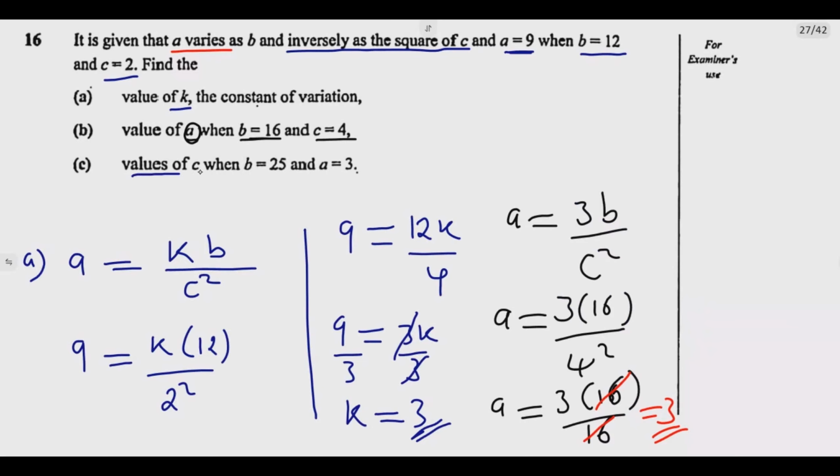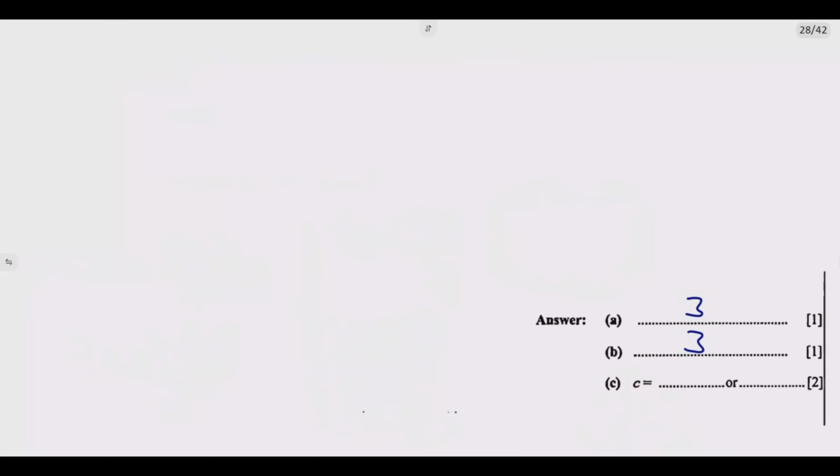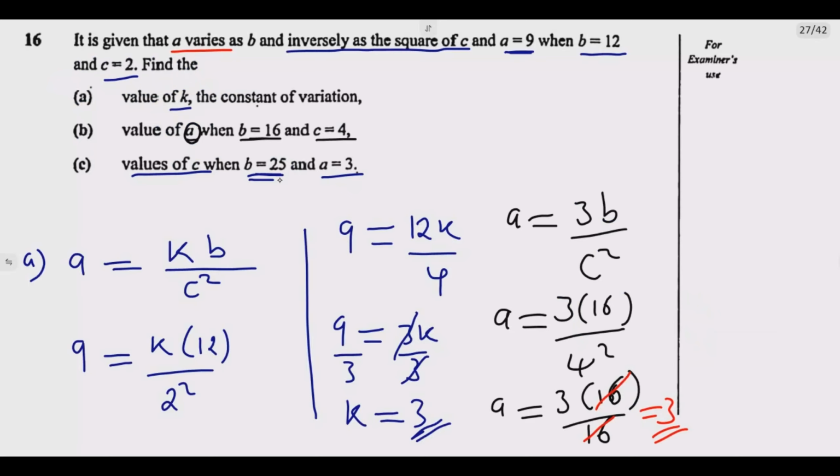Values of C when B equals 25 and A is equal to 3. So again we use this equation. We have A equals 3B over C squared. Then B is equal to 25 and A is equal to 3.